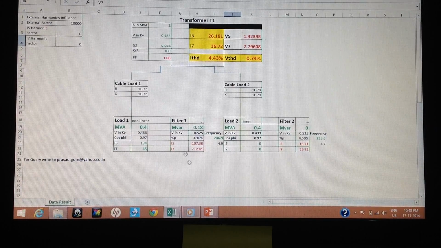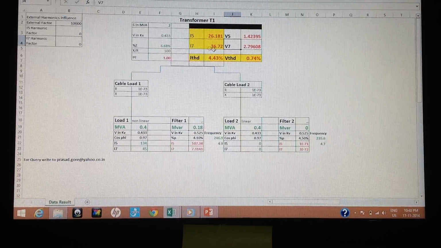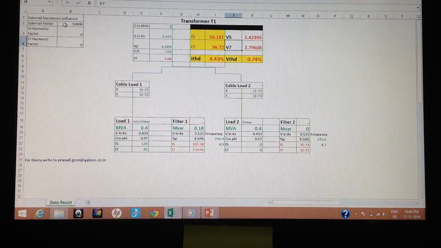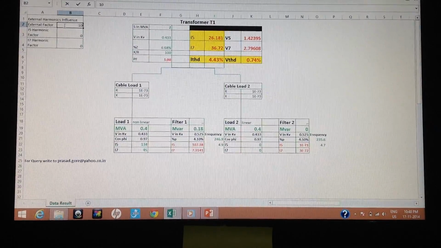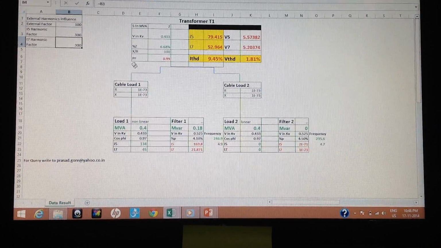Okay. Now another situation we will see wherein we have again the same worst situation where the utility is not good and there are external harmonics. Now see, I just split this into two single tuned filters.